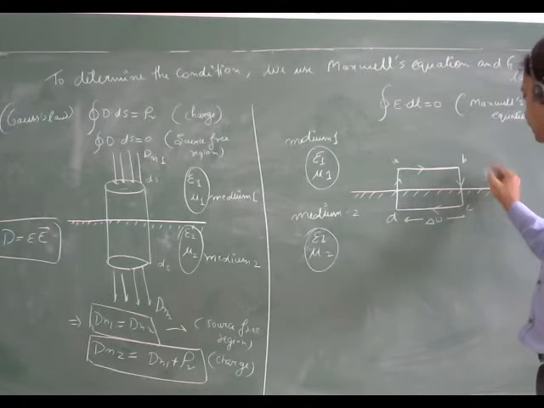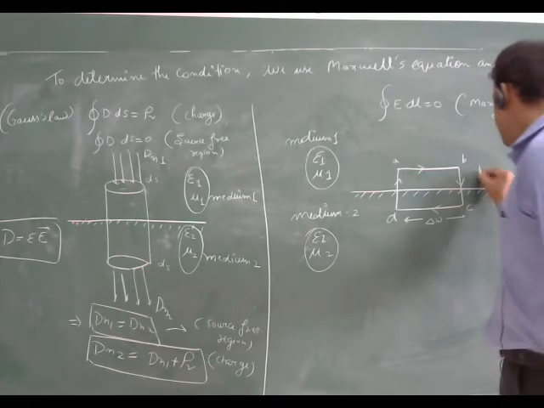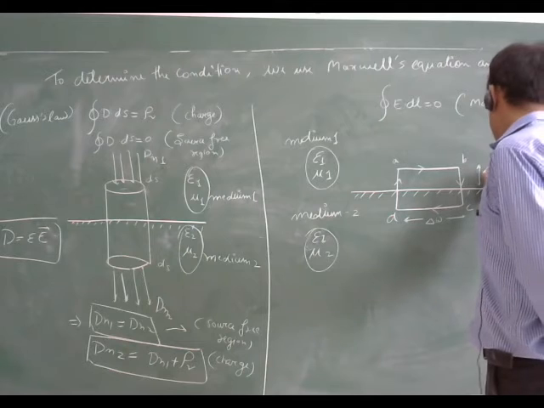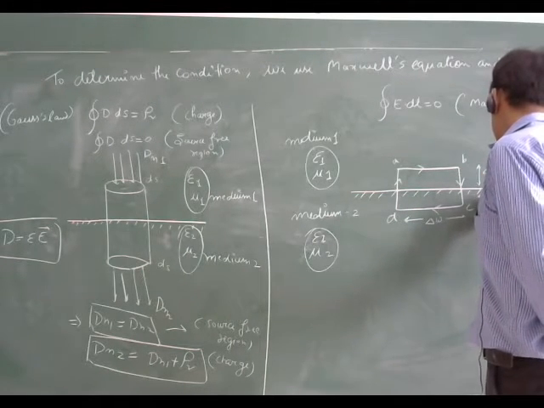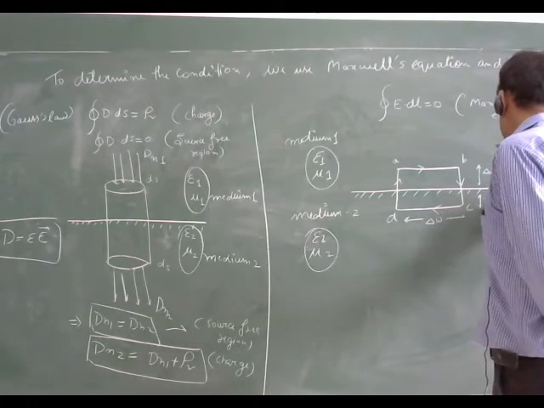Therefore if total height is del h, then this height will be del h by 2 and this height will be del h by 2.